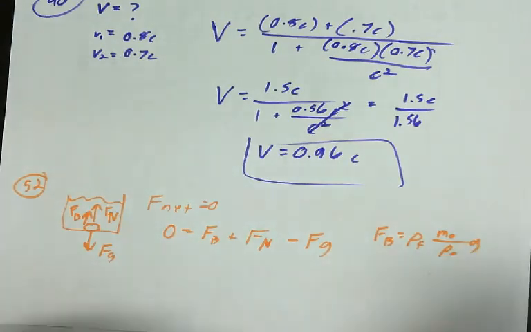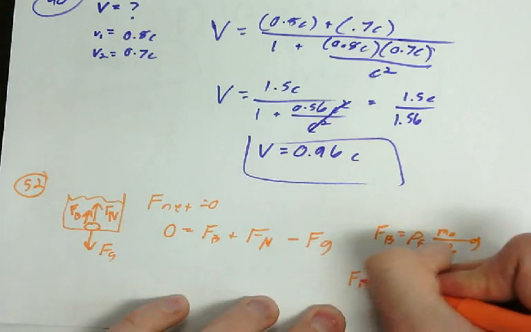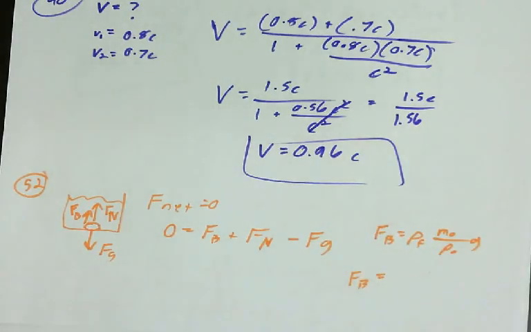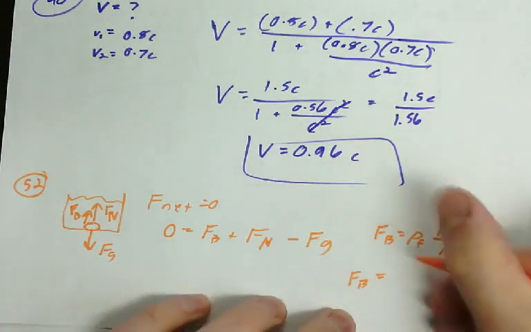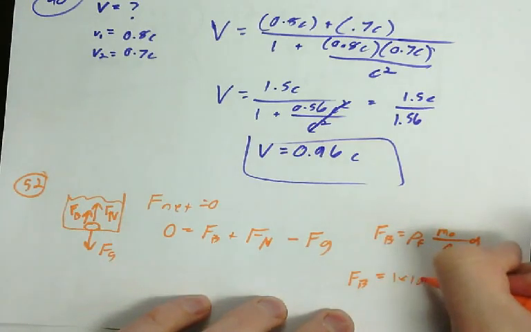So to solve for that, we just got to plug it in. Density of the fluid: it said the ring is sitting in the bottom of a bathtub filled with water, so 1 times 10 to the third.